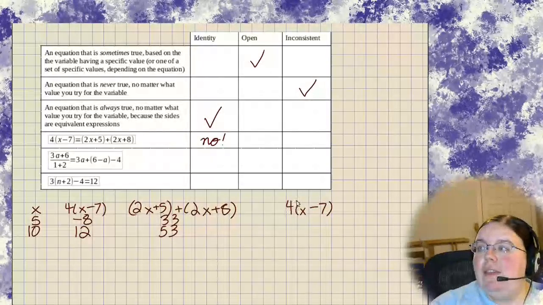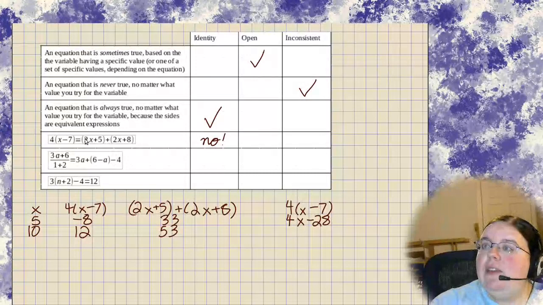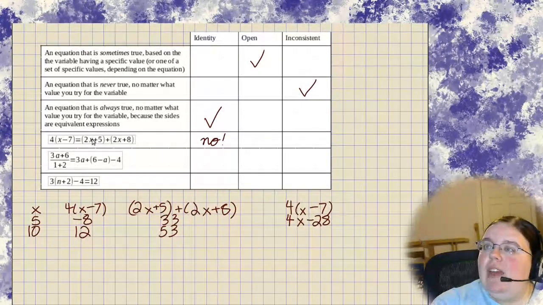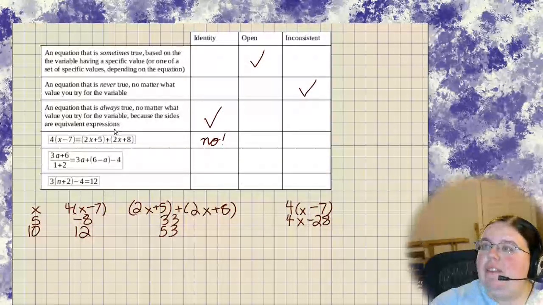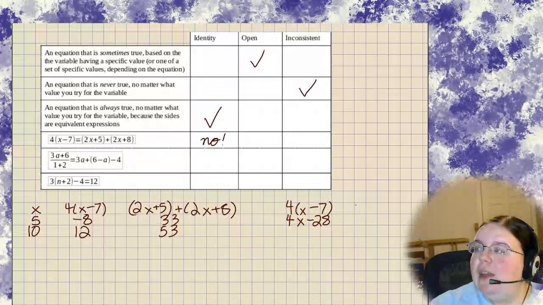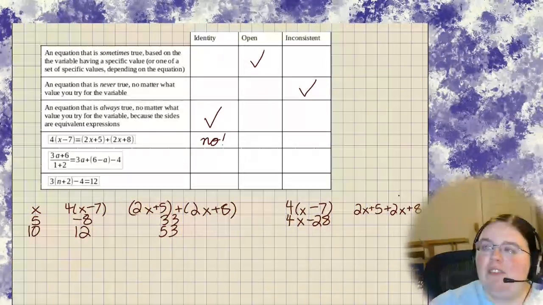I could use the distributive property here to say that this left-hand side is the same as 4x minus 28. Now I could use some addition properties, associative and commutative, and then combine like terms. I could start with the associative property, so I'd have 2x plus 5 plus 2x plus 8 to just ditch the parentheses.